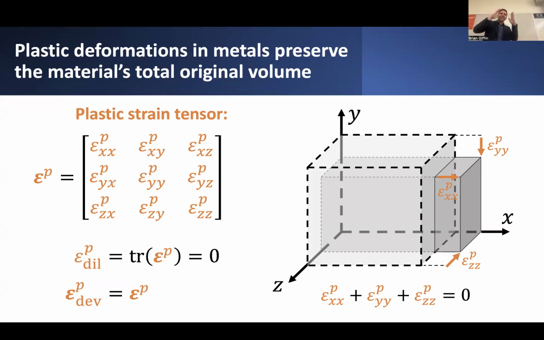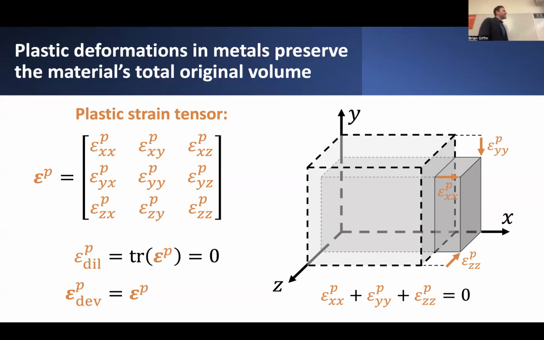Really, at the microscale, it's like the atoms in the packing configuration of the material are just moving around and squishing, but without changing the apparent volume of the material. So in other words, when we have plasticity, it effectively corresponds to a purely distortional deformation, which is volume preserving. So that's an important observation.